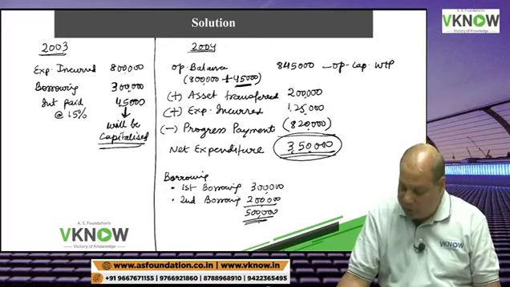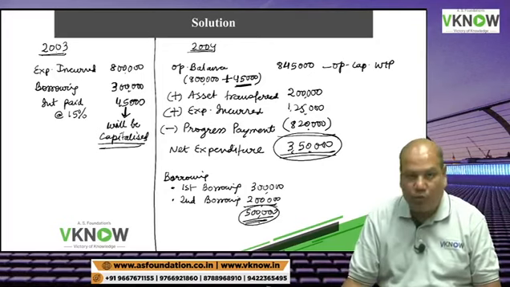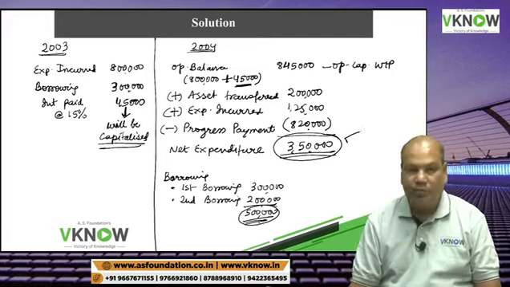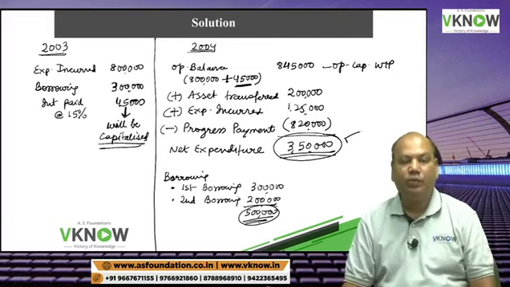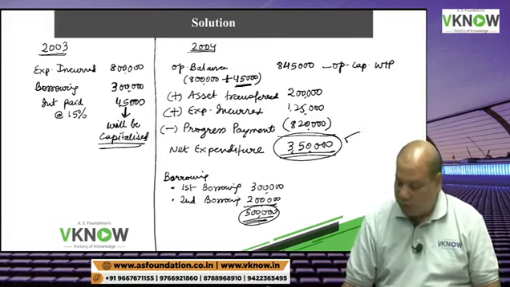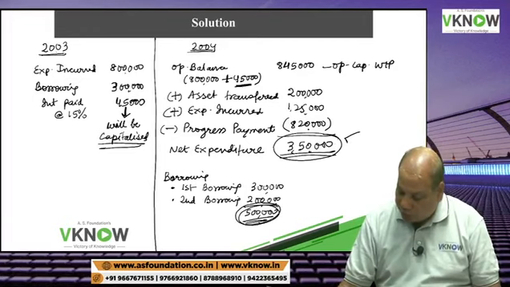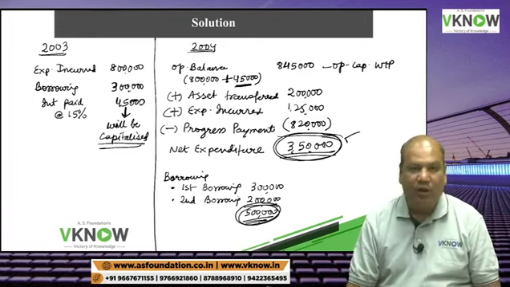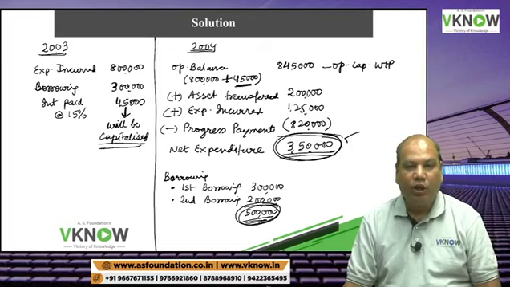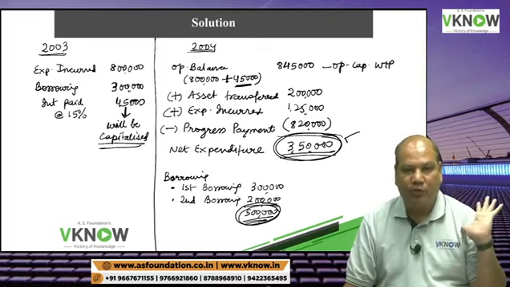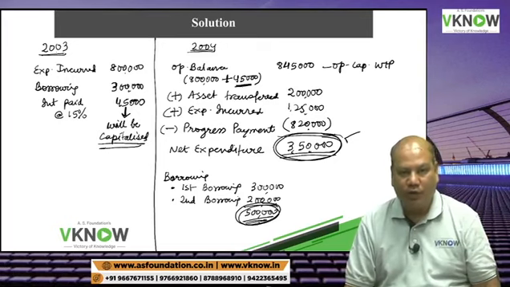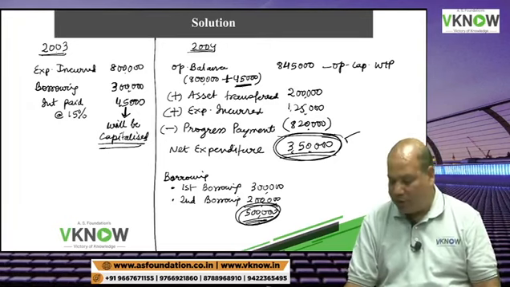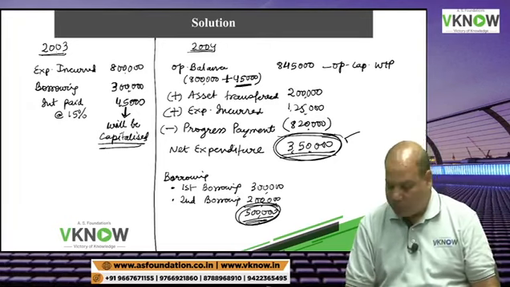I can't capitalize interest on 5 lakh rupees when my expenditure itself is 3 lakh 50,000. So in that case, my borrowing is more, my net expenditure is less. So I am only going to capitalize the proportionate interest, not the full interest.